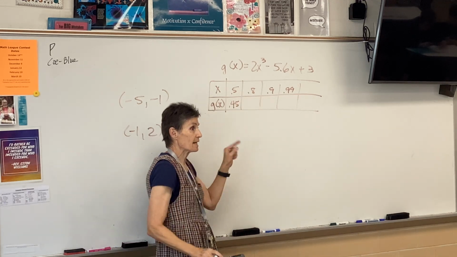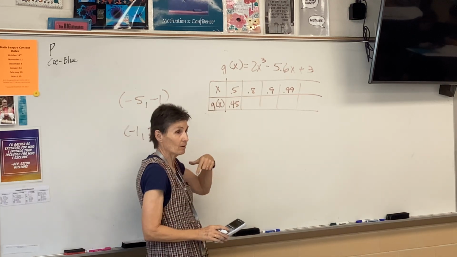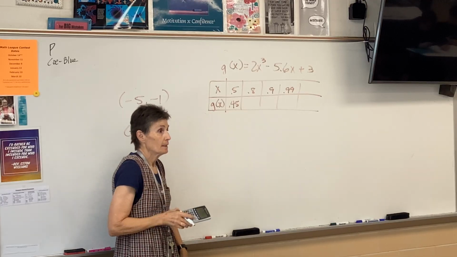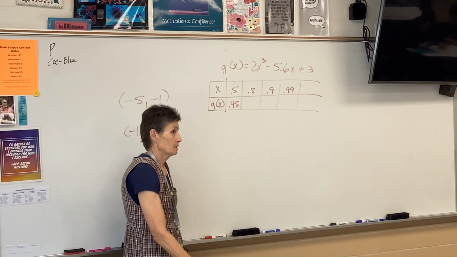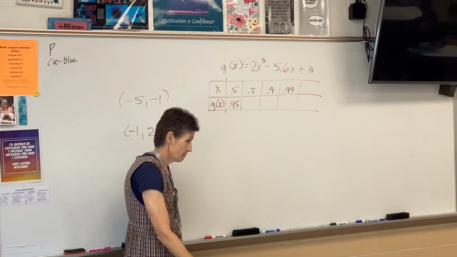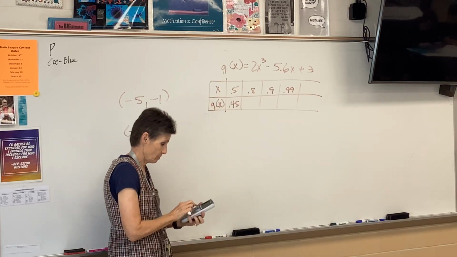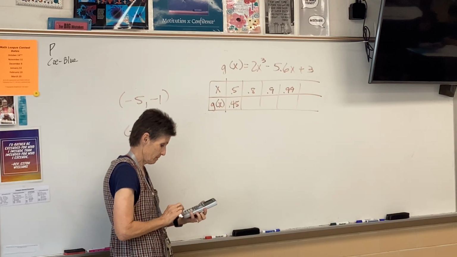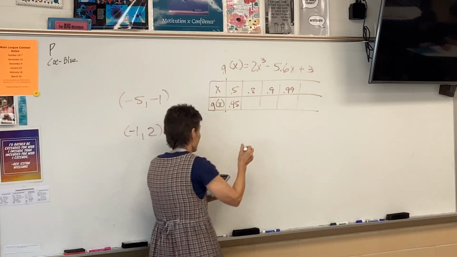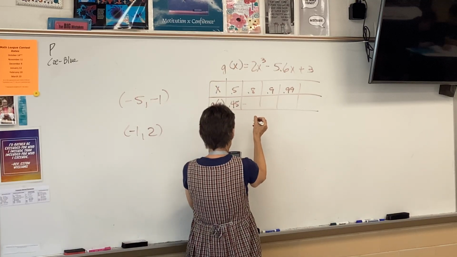And then you can second trace value 0.8, and it will do that for you. Okay? I got negative 0.456.